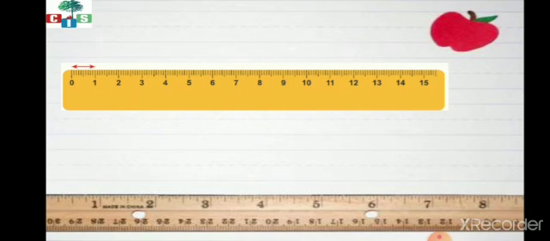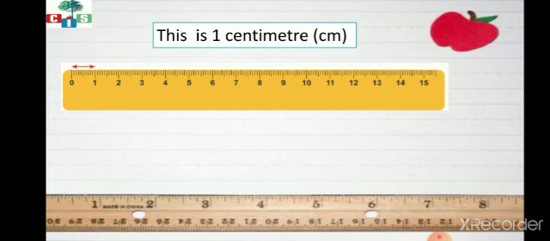Okay, can you see a ruler, or you can say a scale, right? We all have the scale, right? Okay, from 0 to 15 it's there, right? Now if you see here, this red line, this is 1 centimeter. If you see carefully, there are small divisions. Can you see the small division between 0 and 1? Small divisions within 1 centimeter. Each of these small divisions measures 1 millimeter.